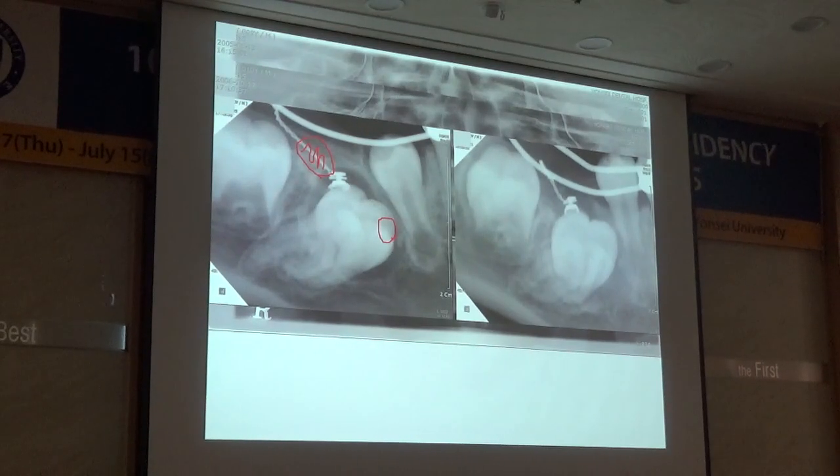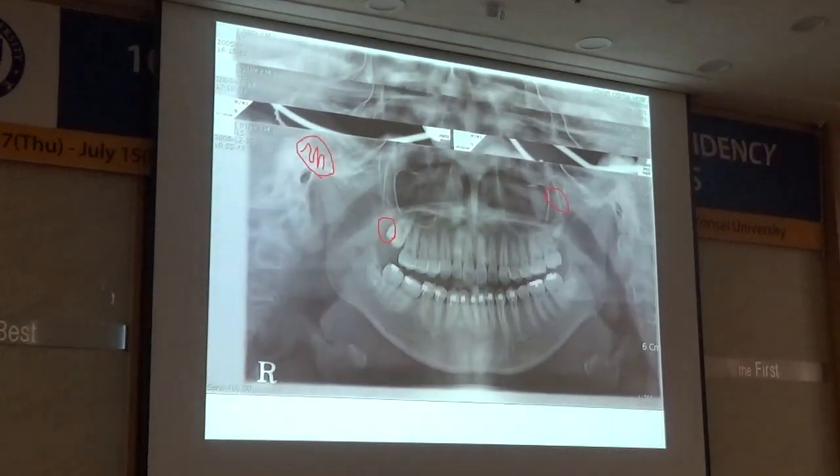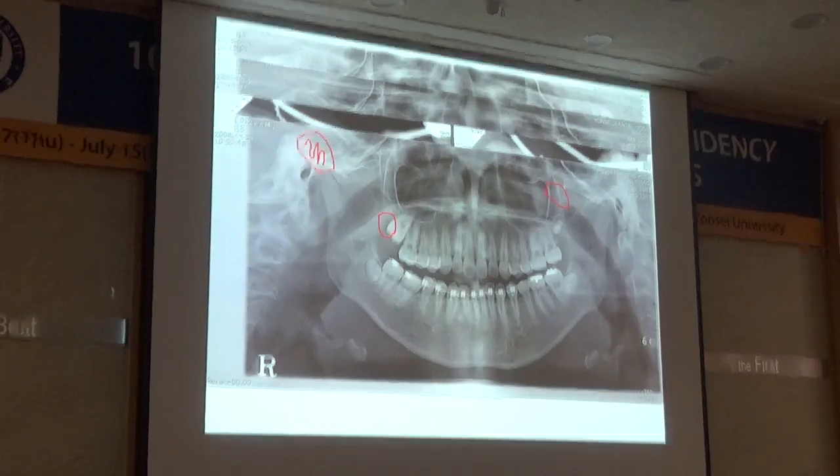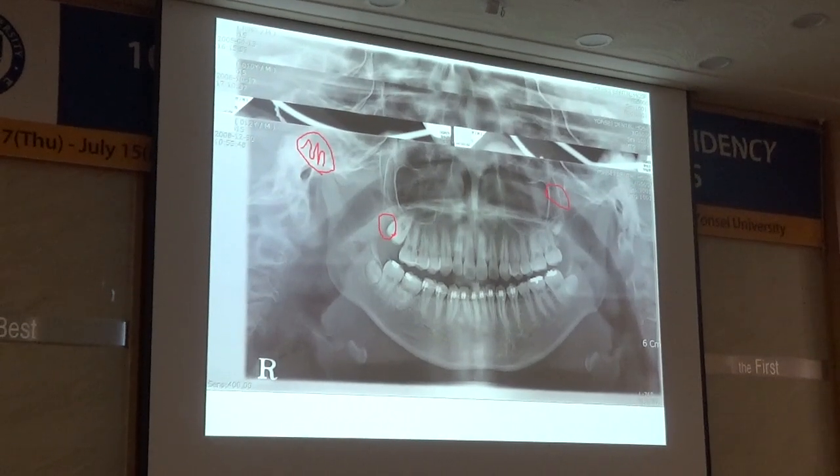So at the reopening procedure, I removed all the bone tissue around it, and then the tooth came out. This is not 100% failure, but you have to keep in mind there may be a need for a second procedure, a surgical rescue surgery.